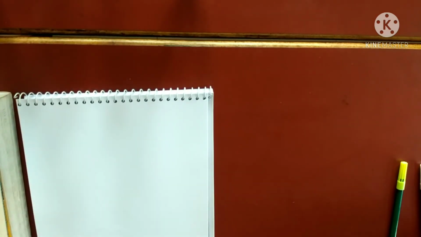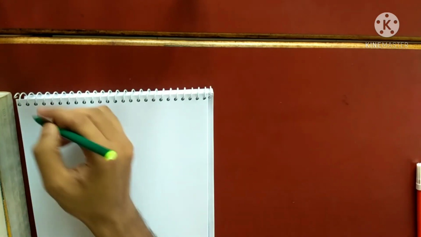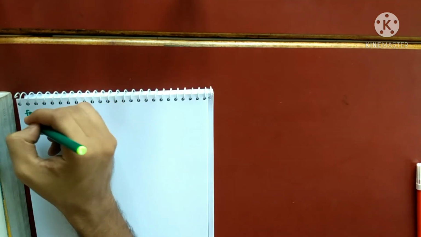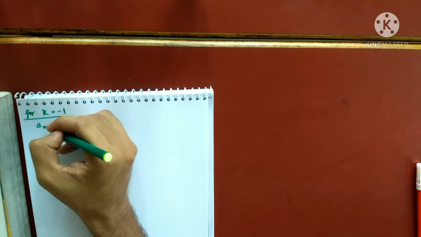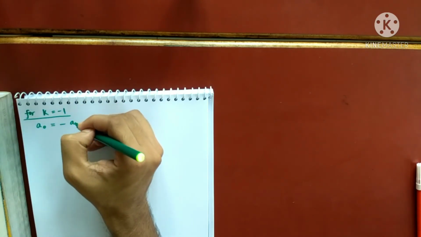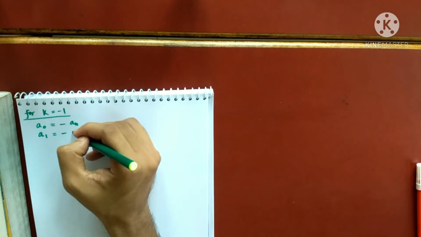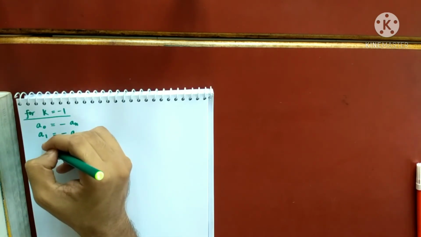So for k equals minus 1, what will happen? The first coefficient is the negative of the last coefficient. The second coefficient is the negative of the second last coefficient, and so on.